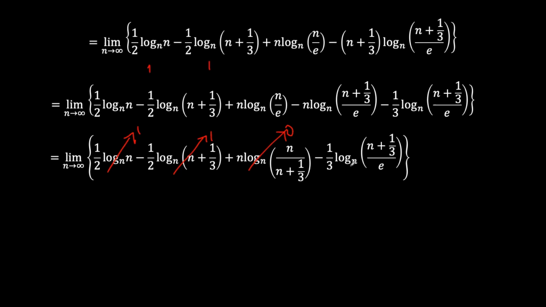So this would tend to 1, right? And so we have now a half times 1 minus a half, and plus 0 minus a third. So this and this would cancel. So we are left with negative 1 over 3 as our final answer.